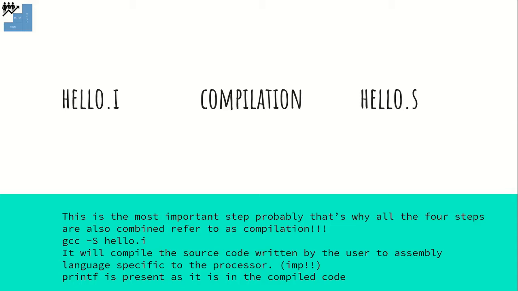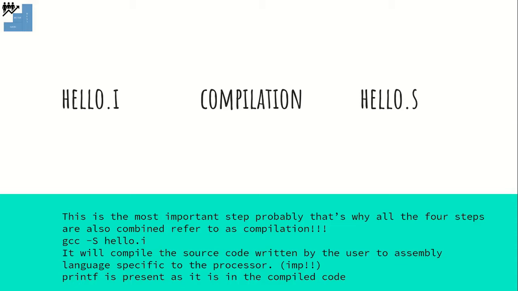Once we see how hello.s looks, we'll get to know that it is not the usual assembly source code as we would have learnt in our BTech times. It is actually specific to the processor that the machine is currently built upon.